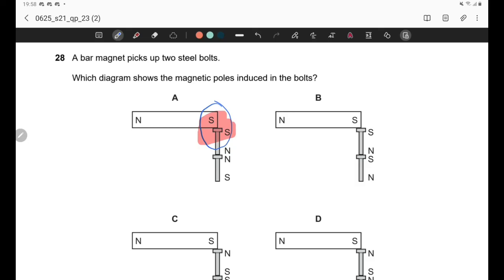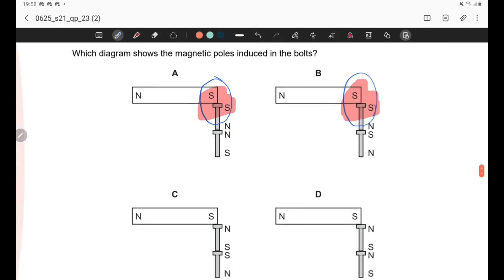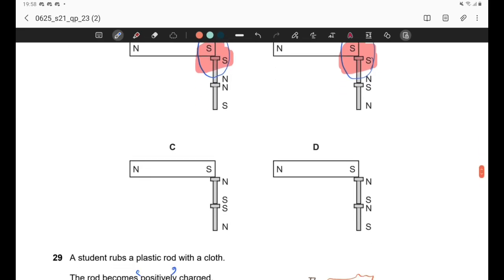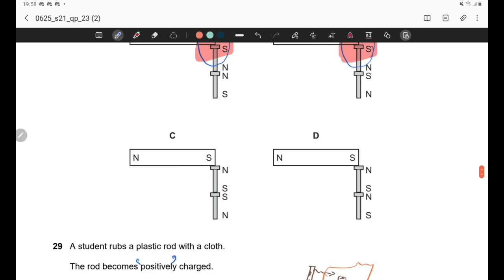Let's look at option B, where again the south pole of the bar magnet is getting attracted to the south pole of the bolt, which is again not possible, as opposite poles only attract and same poles will repel, not attract, as seen in option B. Let's look at option C. In option C, the south pole of the bar magnet gets attracted to the north pole of the bolt, which is possible, but the south pole of the bolt is attracting the south pole of the next bolt.